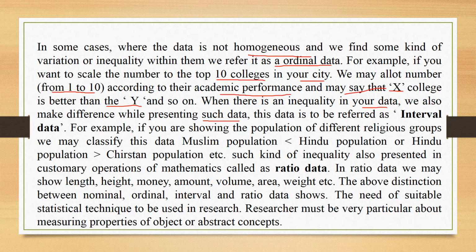This data is referred to as interval data. For example, if you are showing the population of different religious groups, we may classify this data: Muslim population is less than Hindu population or Hindu population is more than Christian population, etc. Such kind of inequality is also presented in customary operations of mathematics, called ratio data.